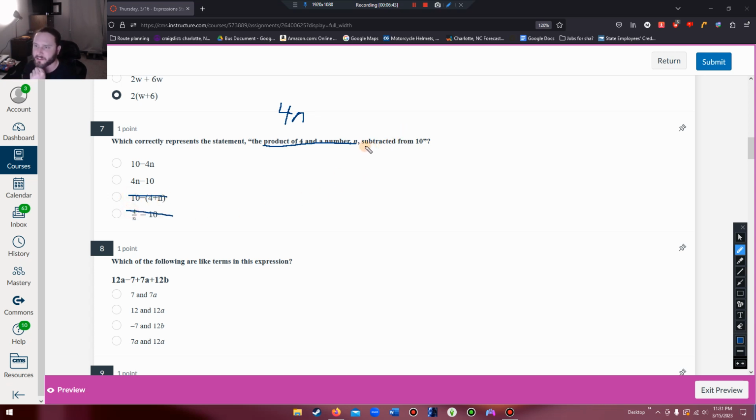And then it says subtracted from 10. So if I said minus 10, or if I said then subtract 10, we would want to put minus 10. This doesn't say that. It says that we are subtracting it from 10, meaning the 10 is already there and we're taking something away.